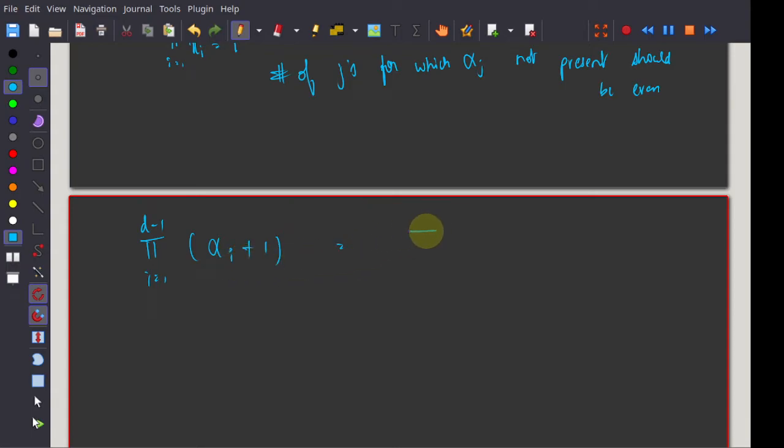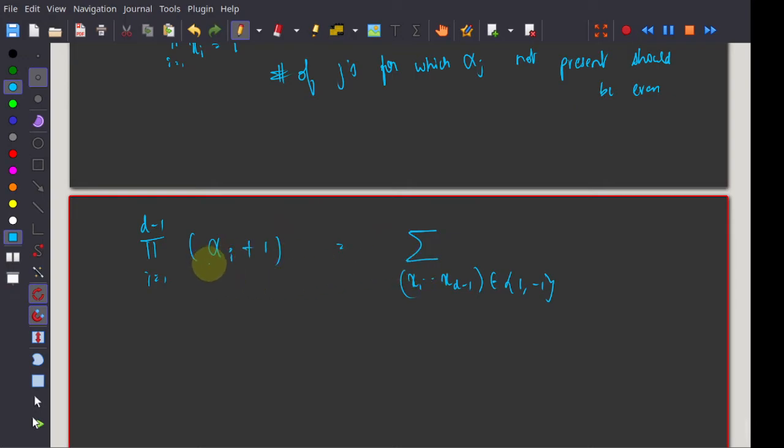So it is the product over all x1 to x d minus 1 in 1 comma minus 1, right? So a 1 implies that alpha i is sort of selected.